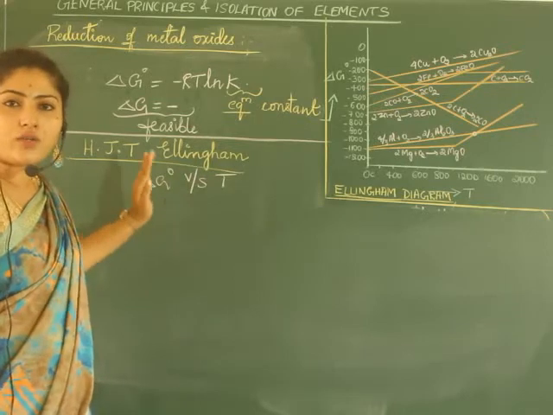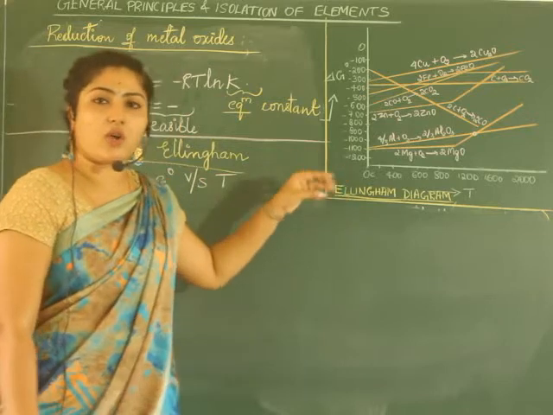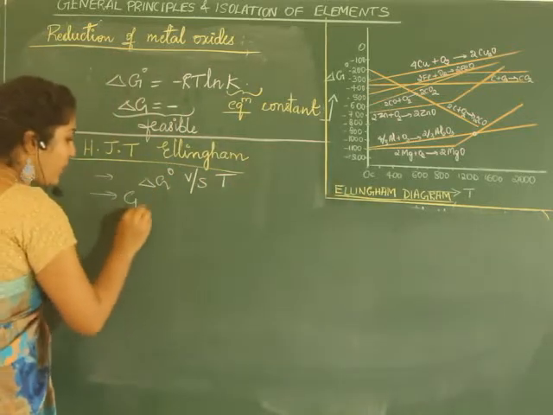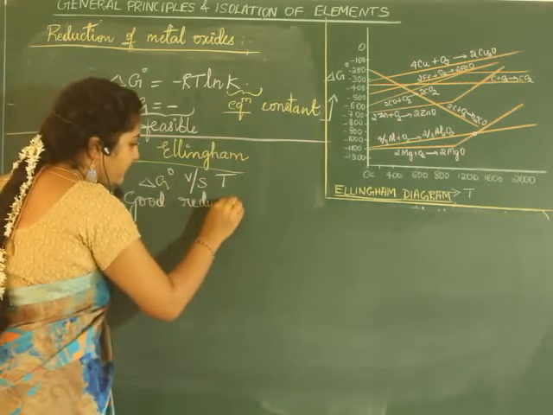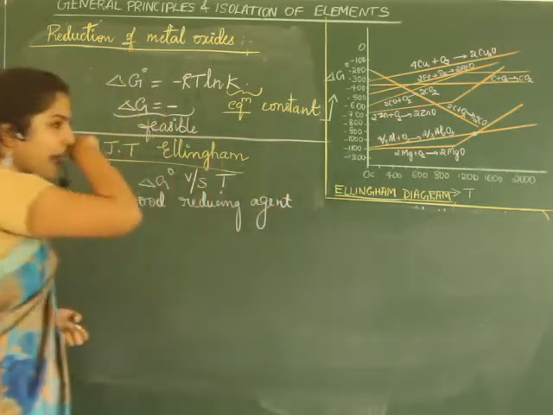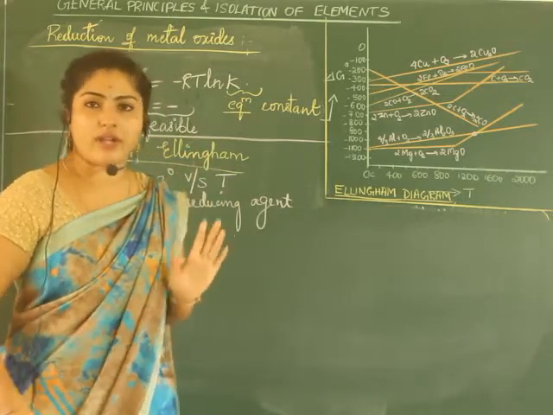Using this interpretation, the choice of a good reducing agent can be known. It helps us to know the good reducing agent for reduction. Our main idea is we have already converted the substance into oxide, and we want to reduce it.